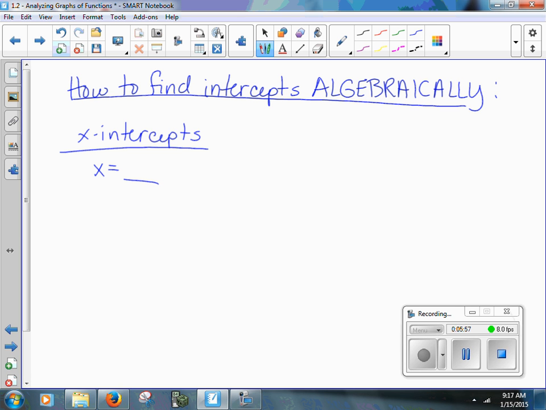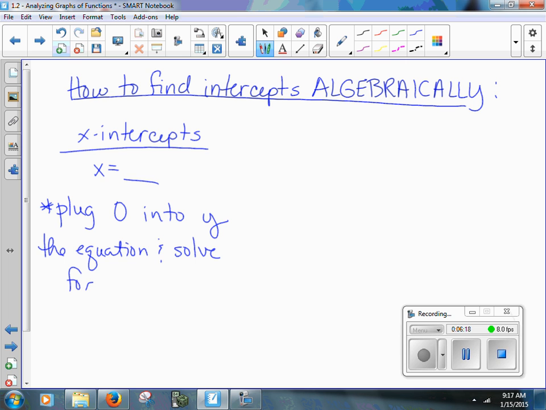In order for me to end up with x equals something, I plug 0 into y in the equation and solve for x.